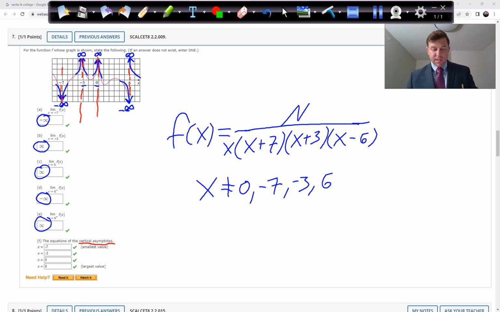But, and we can see this, if you pick numbers really close to these, like let's pick minus 7, for example.